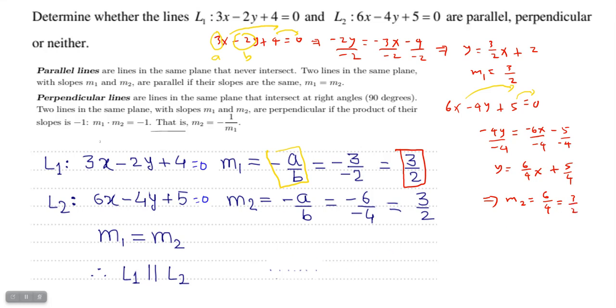Then another way of getting the slope of the second line, we can also use from here a equals 6 and b equals negative 4 in the equation.